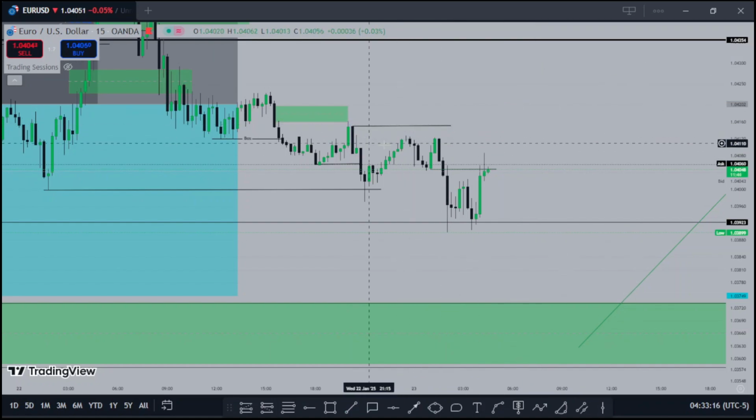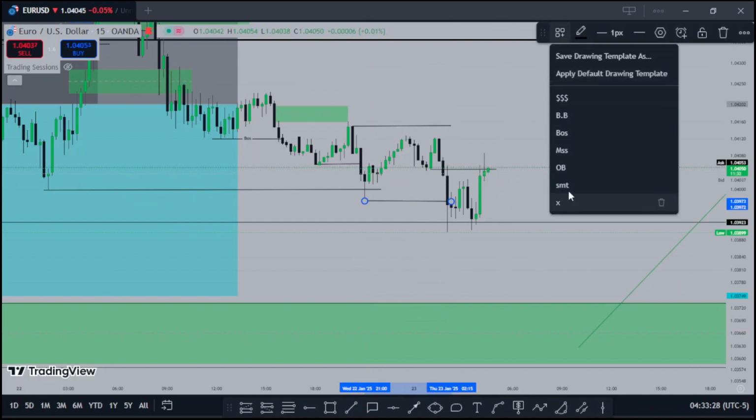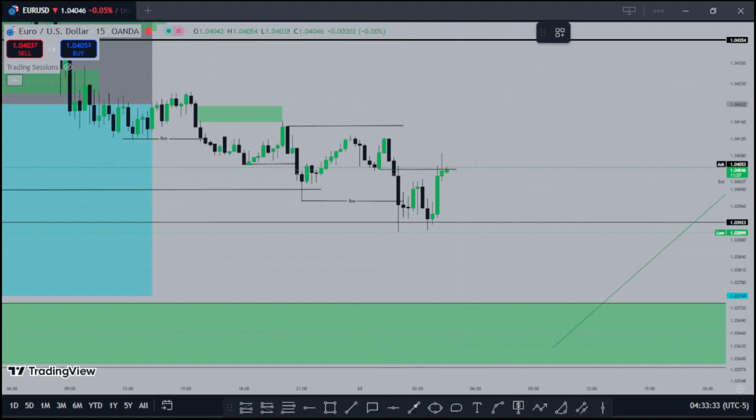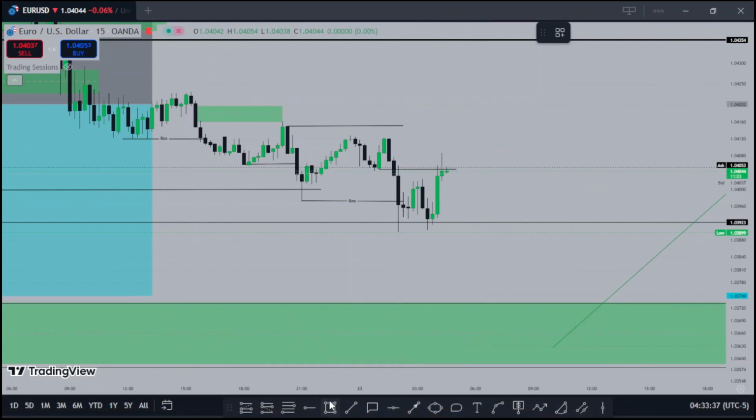Now I want to see price close below there, and that's exactly what price did. It dropped down and gave us another close. So you can see that price is going down very smoothly, right? That's our break of structure over there. It came back for this. Was there a fair value gap? Yeah, there was a fair value gap, and as of now, price is already respecting the fair value gap.